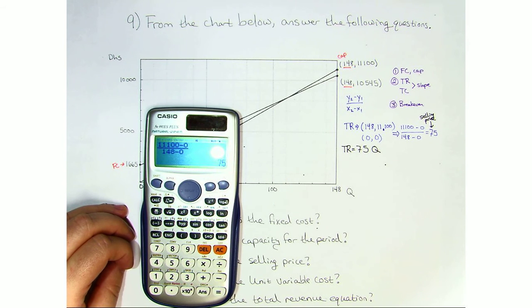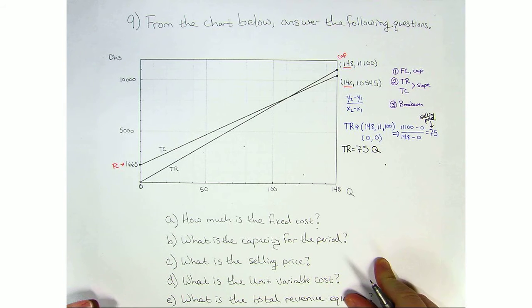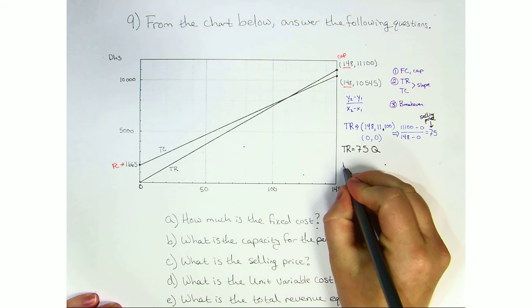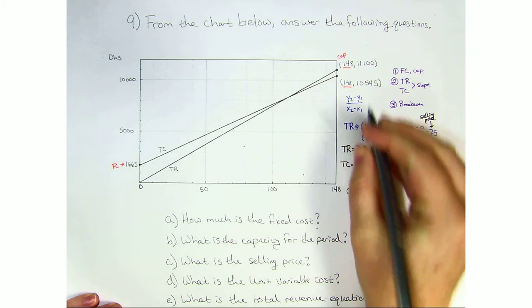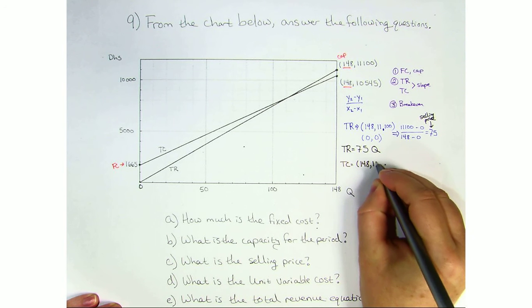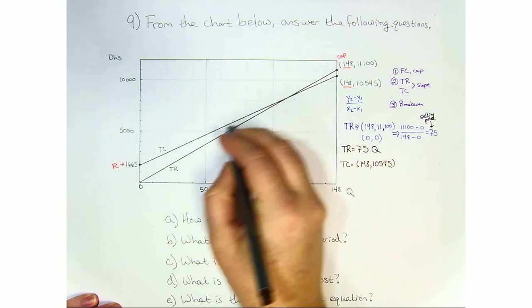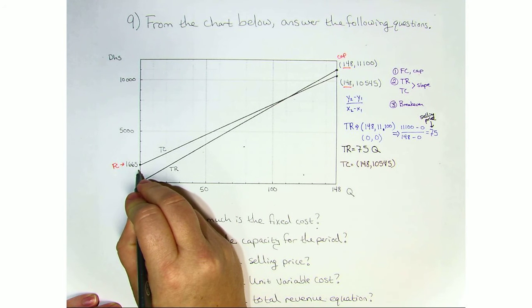Now we're going to do the exact same formula and the exact same process for total cost with one slight change. So total cost, the first point is 148, 10545. And then we go down and it meets at 1665.